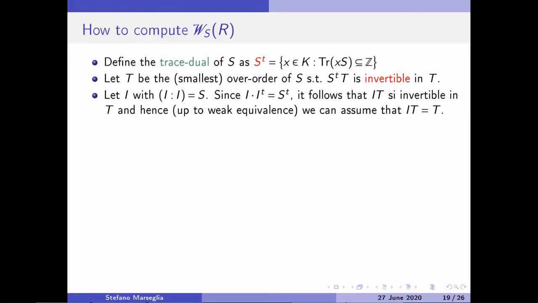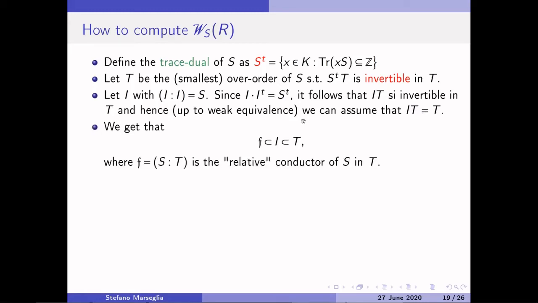We can multiply by an appropriate inverse and assume that this ideal extended becomes the ideal generated by 1. Okay. This equality here, I times T equal to T, immediately implies that the ideal I, this particular representative, is inside T and also contains the relative conductor of the order S inside T.